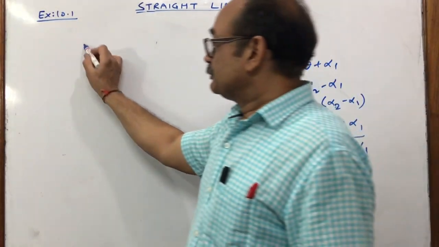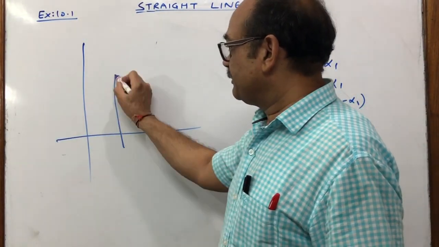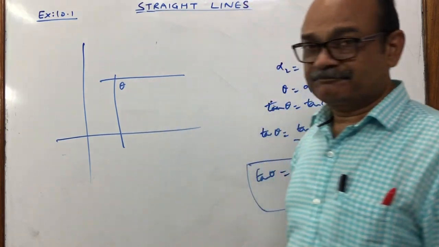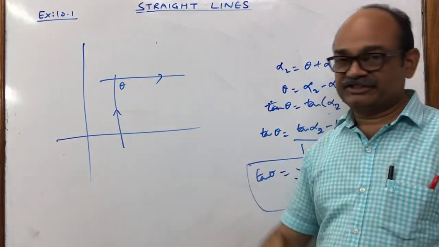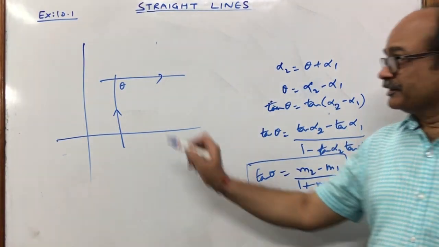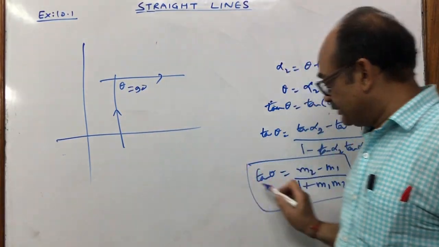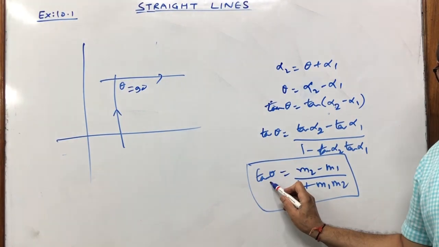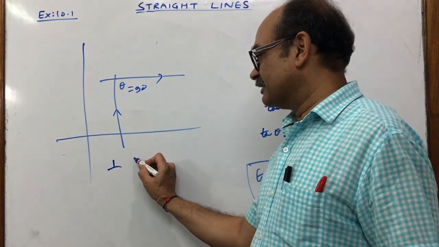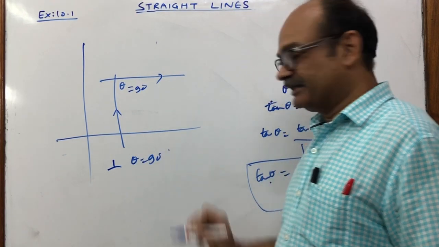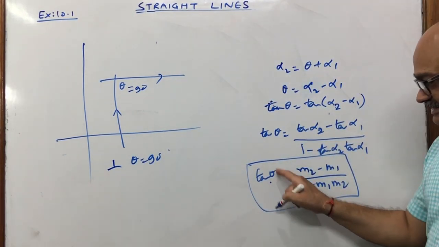Now the condition. Suppose the two lines are perpendicular to each other. This is the first line, this is the second line, and the angle between them is theta, which is 90 degrees. If theta is 90, then tan theta is not defined. So in the first case, lines are perpendicular, theta equals 90. Then this is not defined.